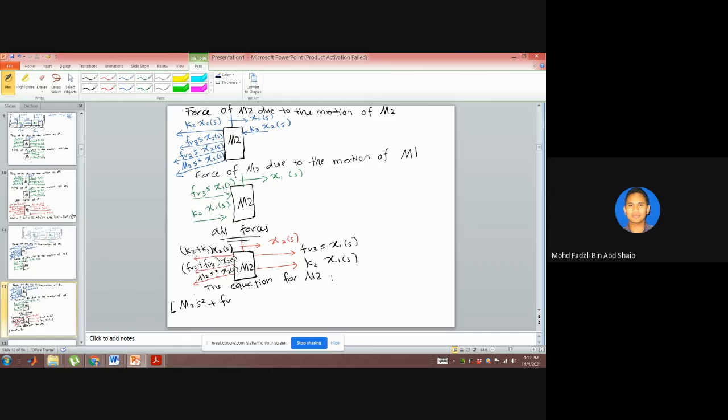You see this one, FV2 and FV3, we should have s, right? So you miss out s here. So times s. Okay. FV2 plus FV3 times s plus K2 plus K3, close X2 s.